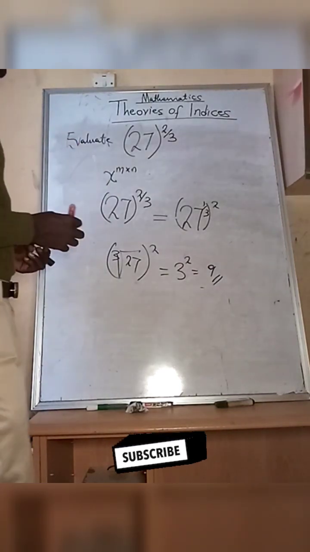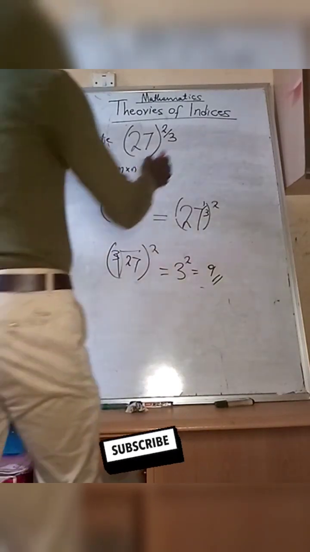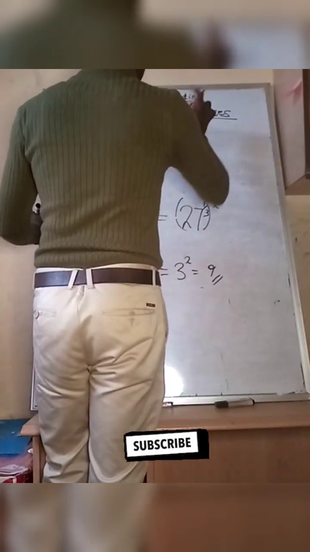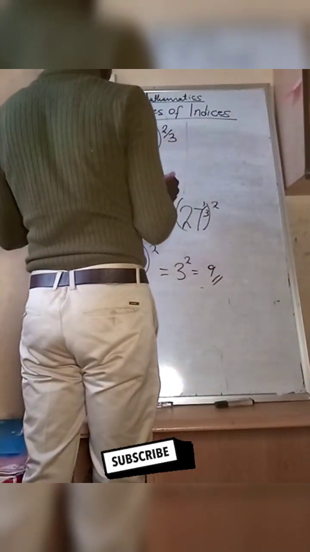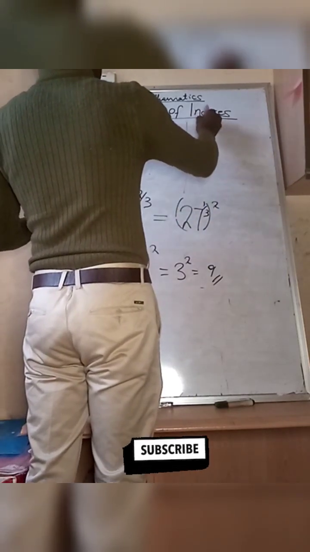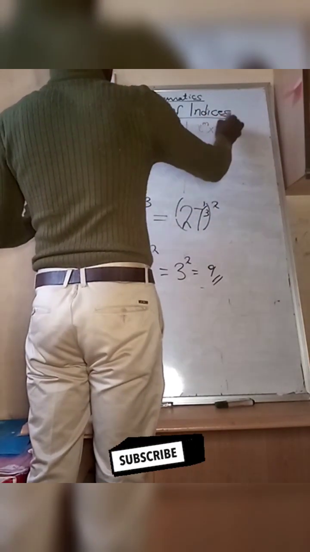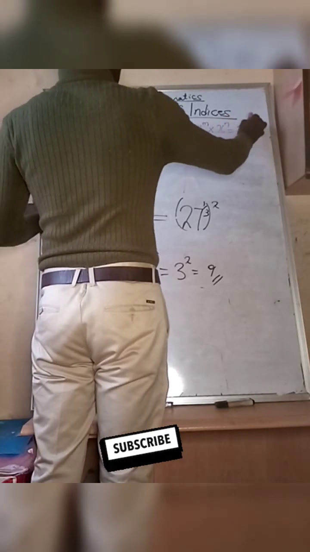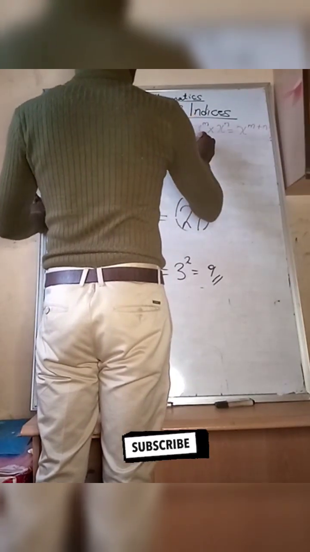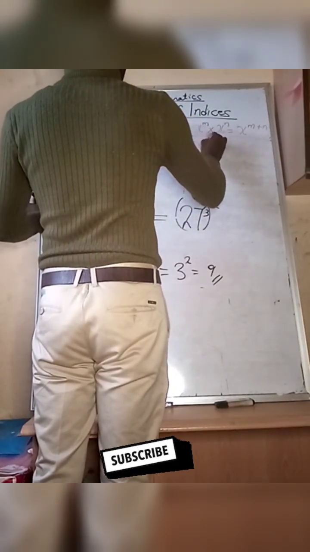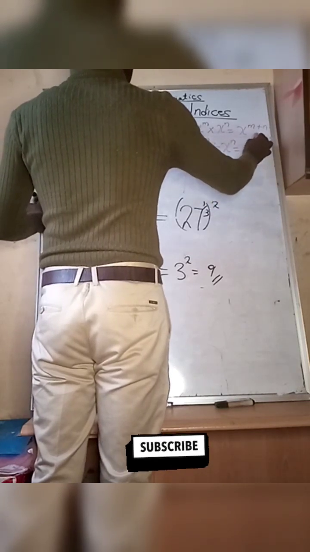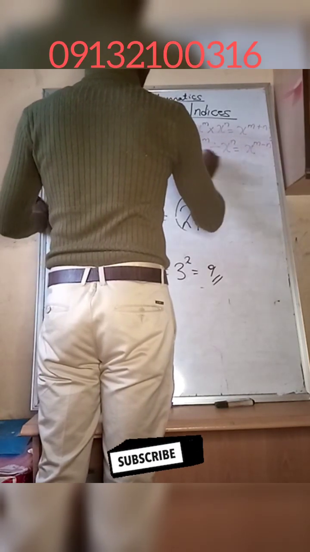Having said so, I now want to put down all the laws, not in any important order. x raised to power m times x raised to power n is equal to x raised to power m plus n. The next one, x raised to power m divided by x raised to power n is equal to x raised to power m minus n.